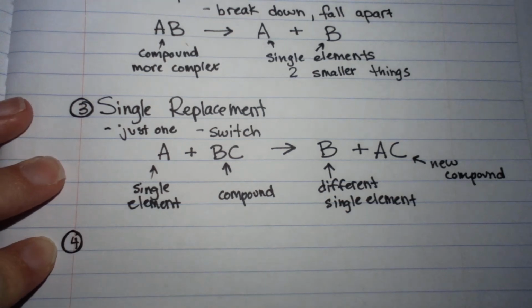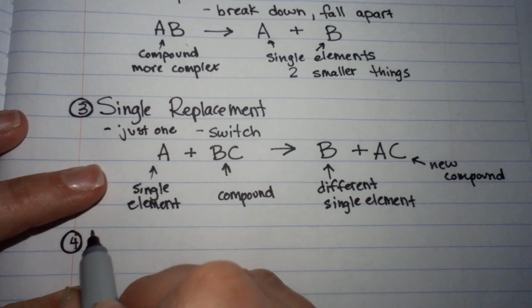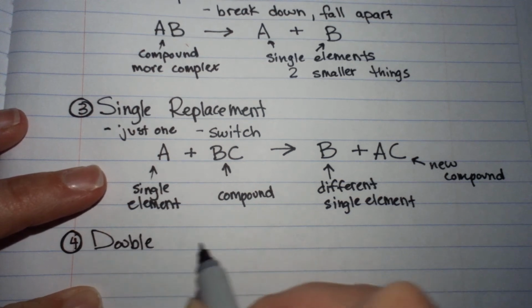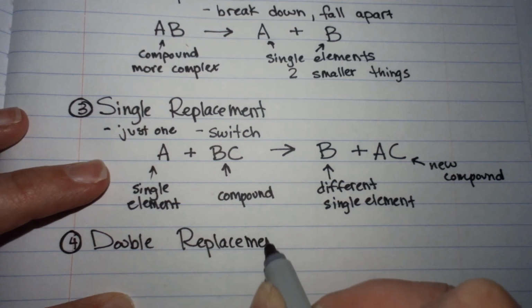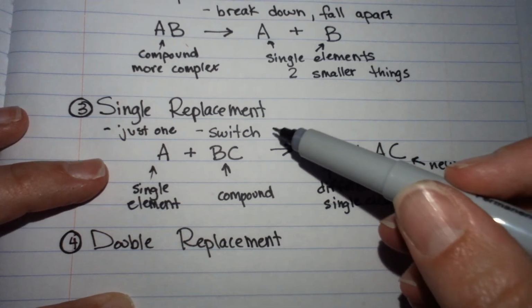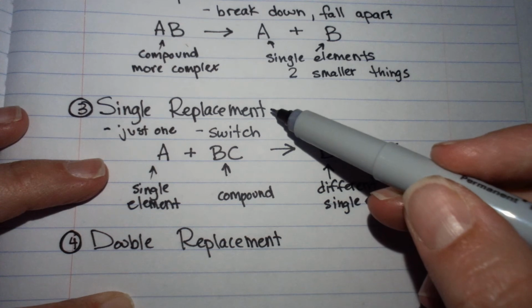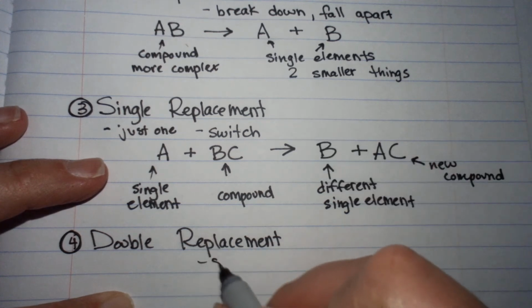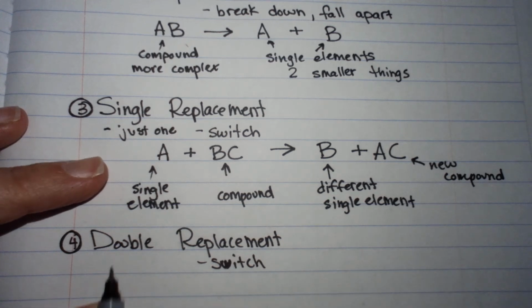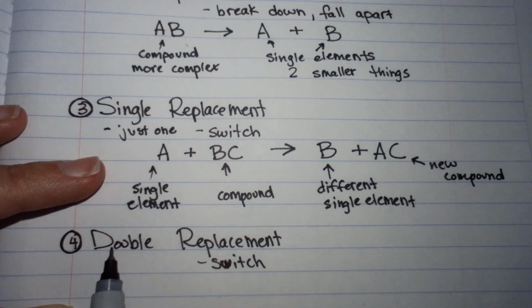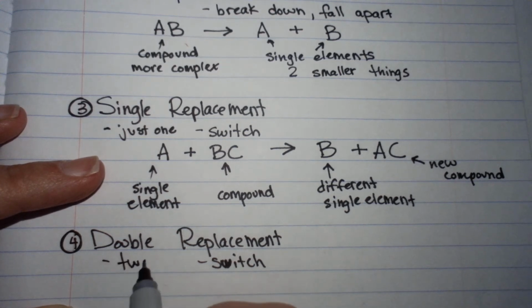Number 4 is double replacement. So this one follows the same kind of lines as single replacement. We're going to use what you said before. Same words. You said replacement means switch. And that's a pretty good word. Double replacement. Replacement means switch. What's double mean? 2, right?